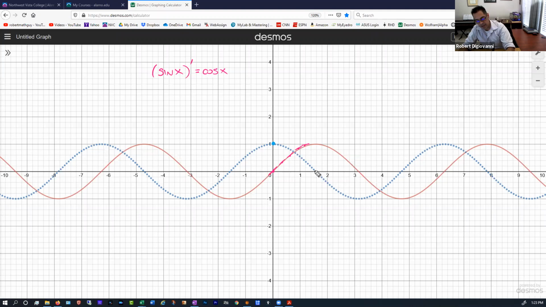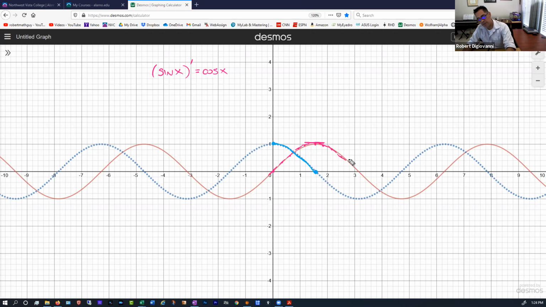And then once we get to this point right here, what is the slope of the tangent line there? 0. Right? Which means the derivative, which is the blue one, needs to be 0. And so from here to here, that blue represents the fact that our derivative was positive, but getting smaller and smaller until it got to 0. And then when you get to the other side of sine, the tangent lines are now negative, aren't they?